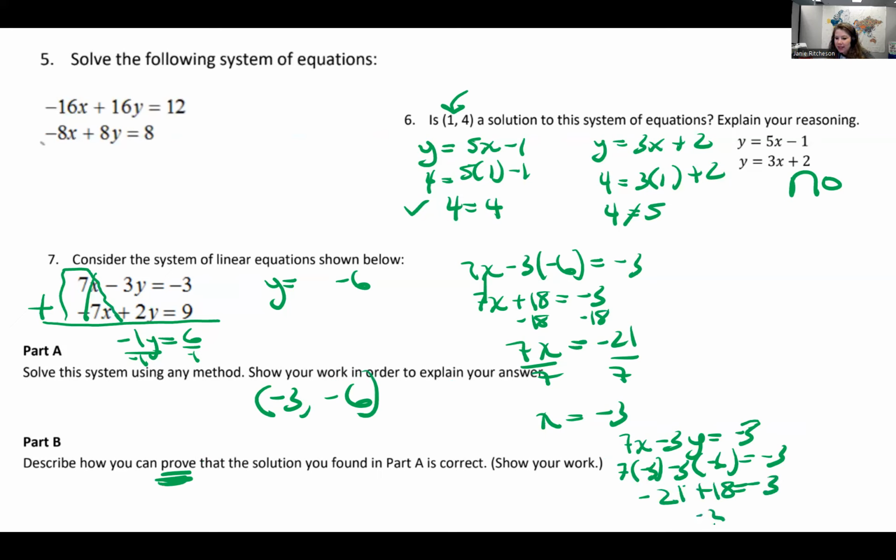I would prove that negative 3 is equal to negative 3. And then I'd do the same thing with the second equation. I would take my second original equation, negative 7x plus 2y equals 9, plug in my solution and make sure that I got a second correct statement. Okay, I'm not going to take the time to do that, but if you have to show your work and explain on a test, you would plug in the solution to the equations.